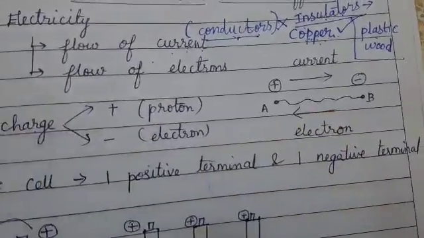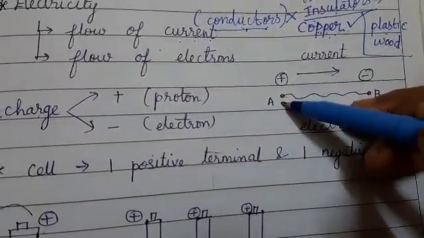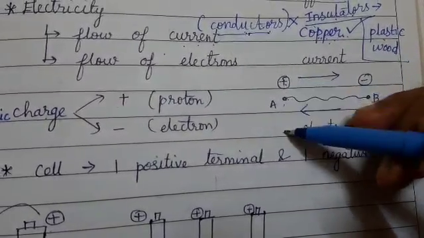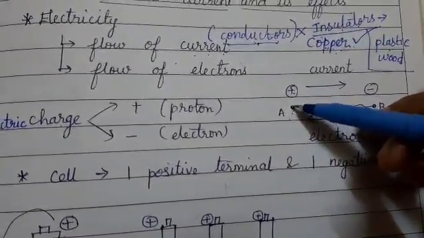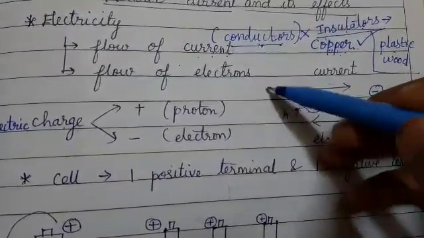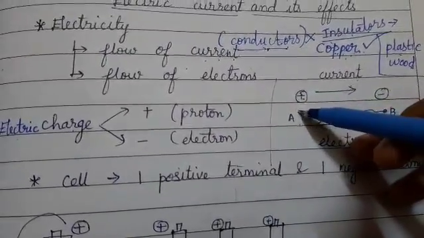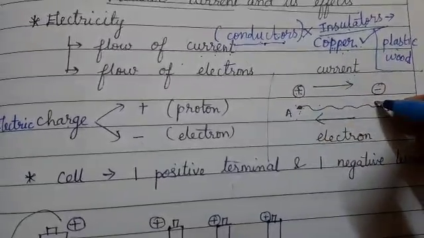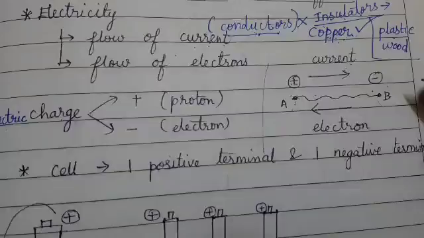So how to identify that: I am connecting the end A of the wire to the positive terminal of a battery. We need a battery for the current also. I'll come to that in detail, but before going into detail, you should first know the direction of current. So one end of this wire I'm connecting to the positive end of a battery, and the negative end of the battery is connected to the other end of the wire.